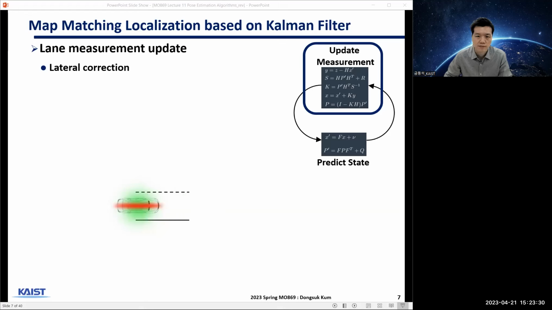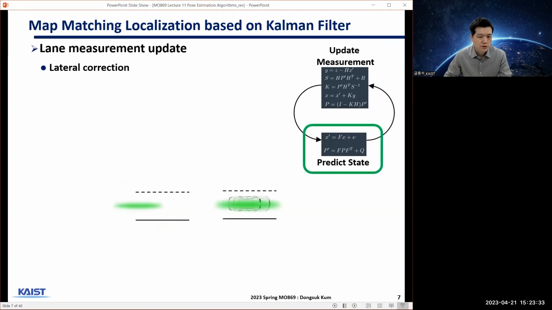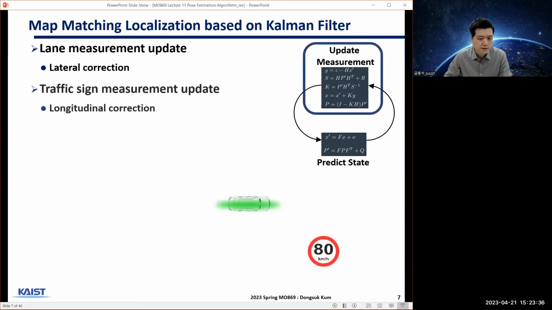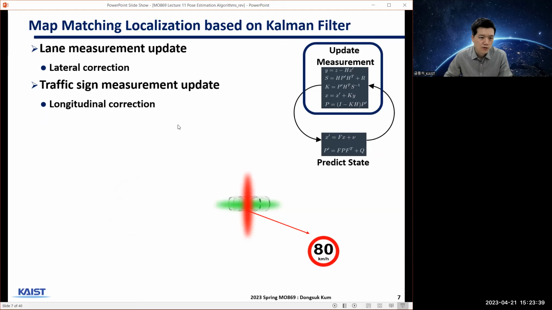Okay. And we repeat this process. And when you have traffic signs, you can use that to correct the longitudinal direction. That way, we can keep the distribution small and bounded using these landmarks.